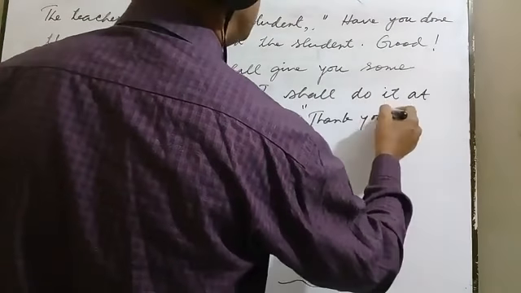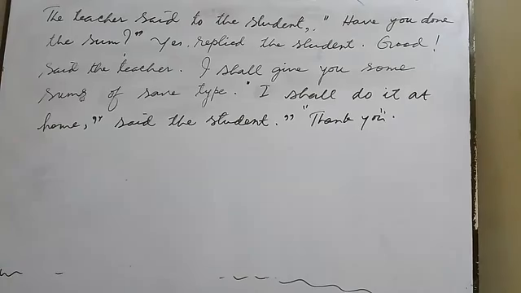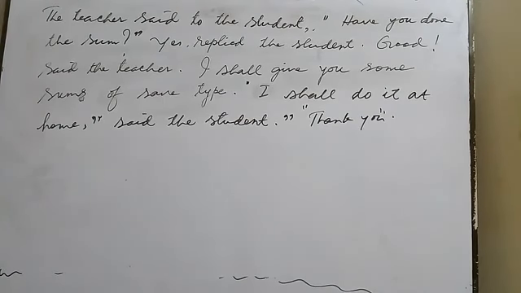Okay, the teacher said to the student, have you done the sum? Yes, replied the student. Good, said the teacher. I shall give you some sums of same type. Okay, quotation is finished.